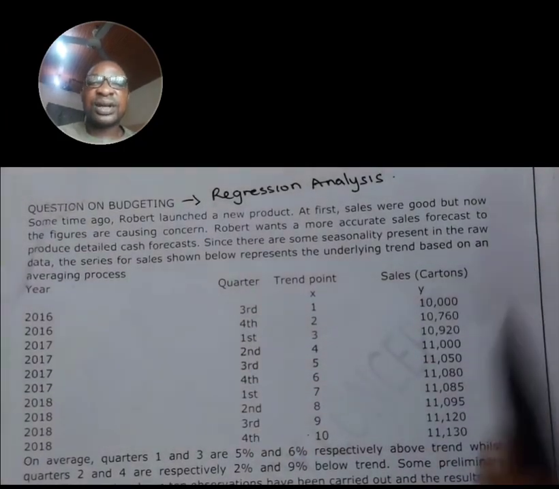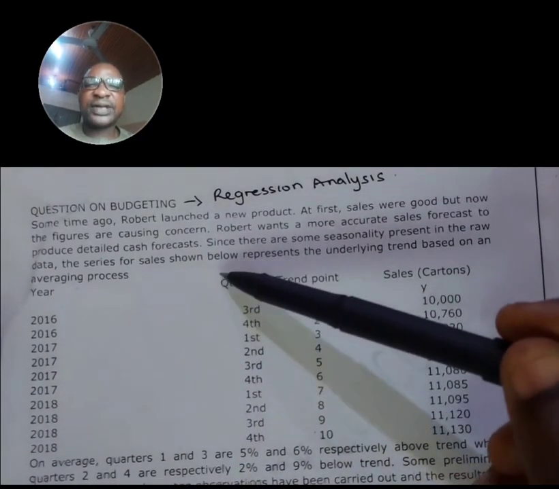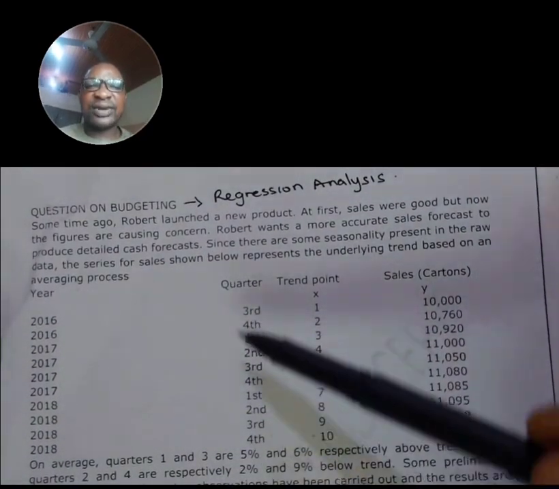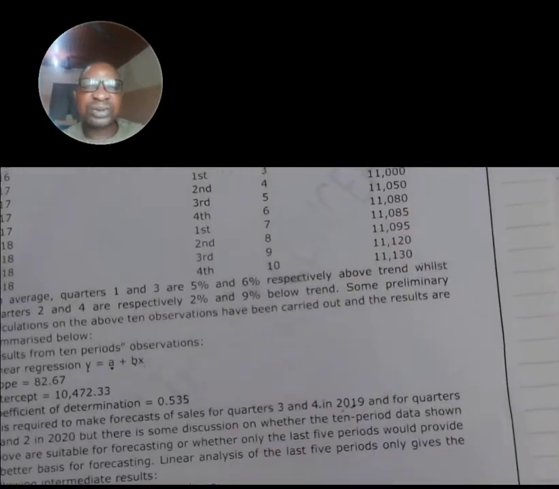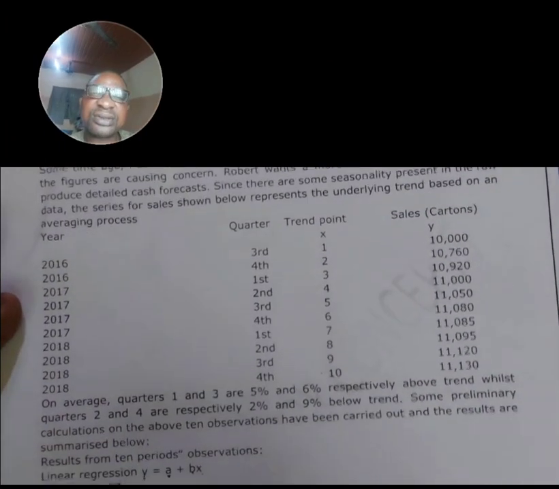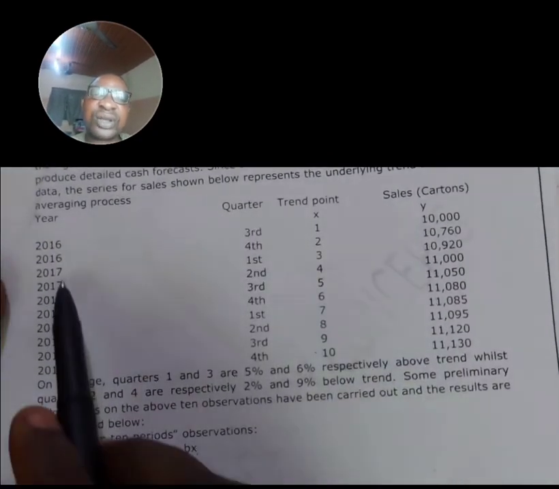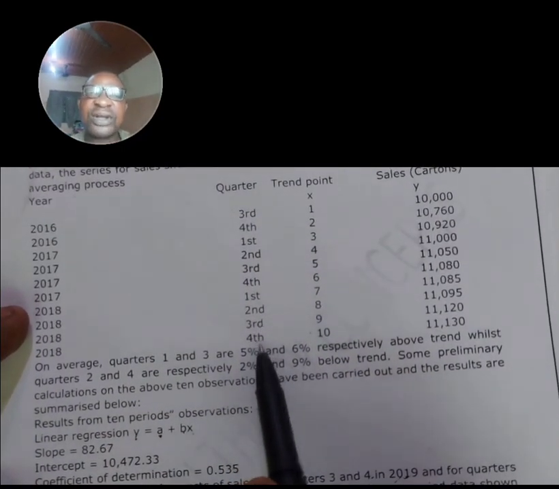Having read through the question, you have been given the 10 quarters, the 10 periods, from 2016 to 2018, and it starts from the 3rd quarter of 2016. Then 2017, 1st, 2nd, 3rd, 4th, and 2018, 1st, 2nd, 3rd, 4th.